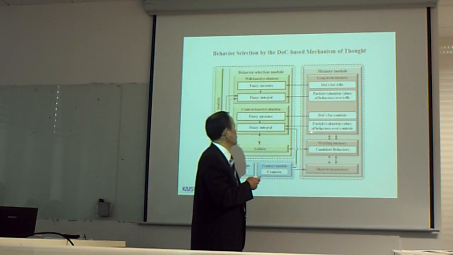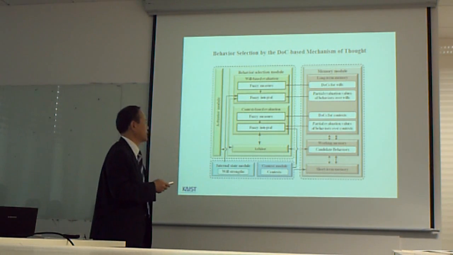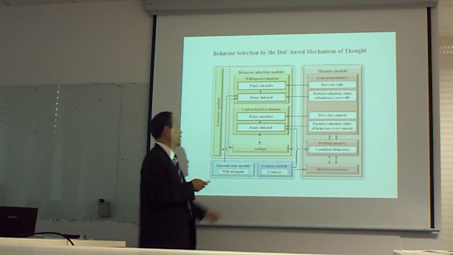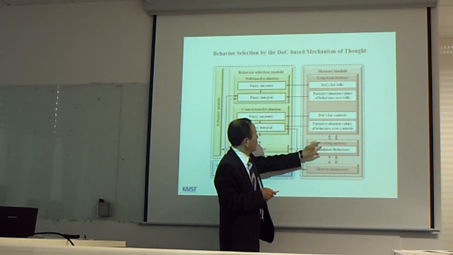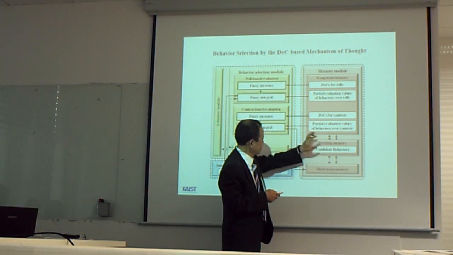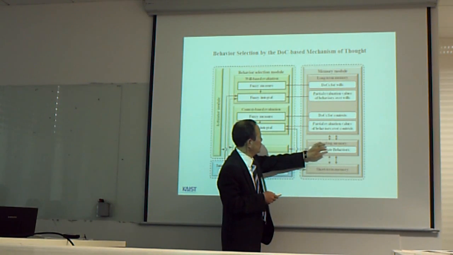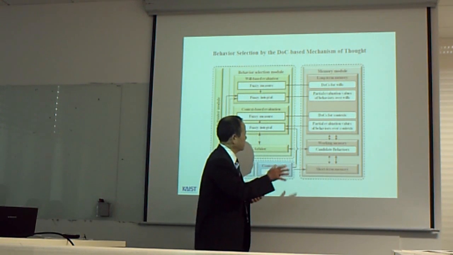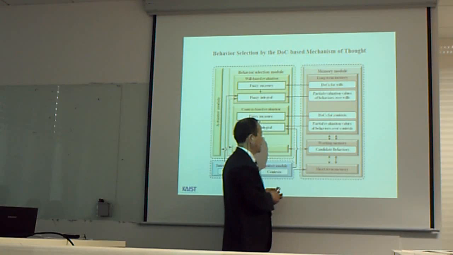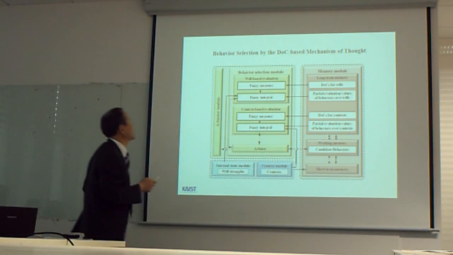We also have partial evaluation values of behaviors over context, and the working memory to select recommended behaviors. In this working memory, some candidate behaviors are stored in short-term memory.